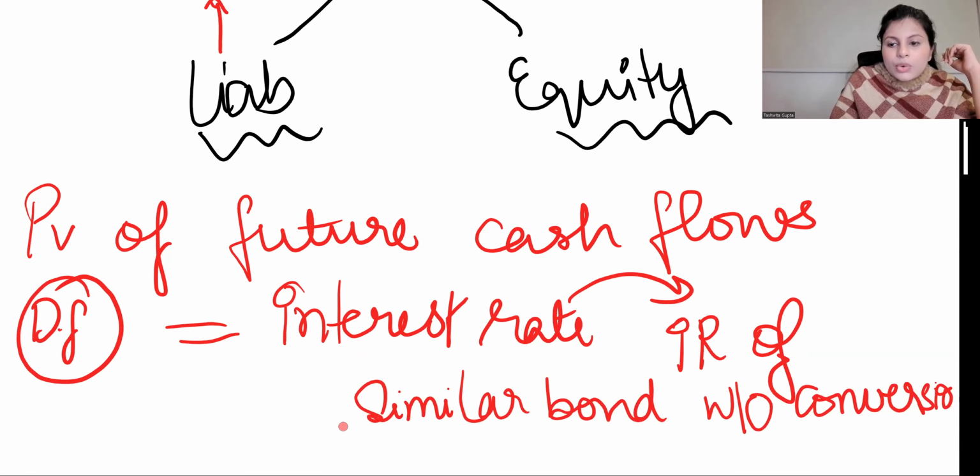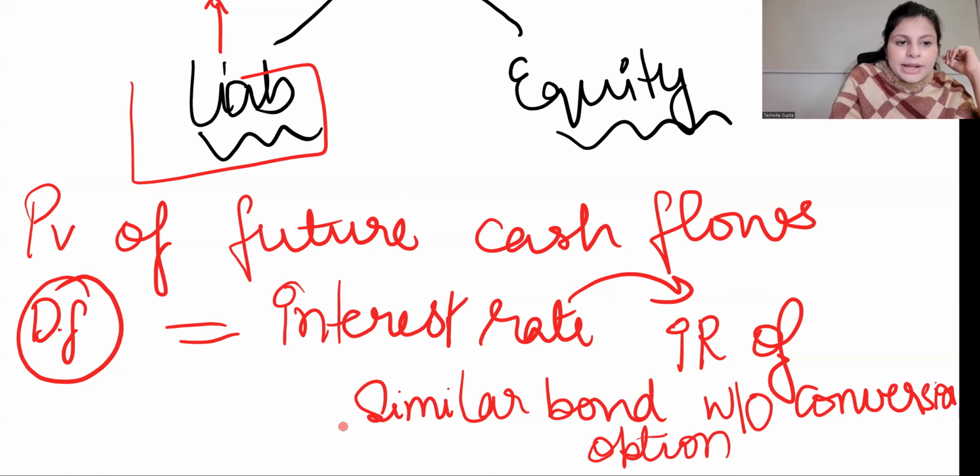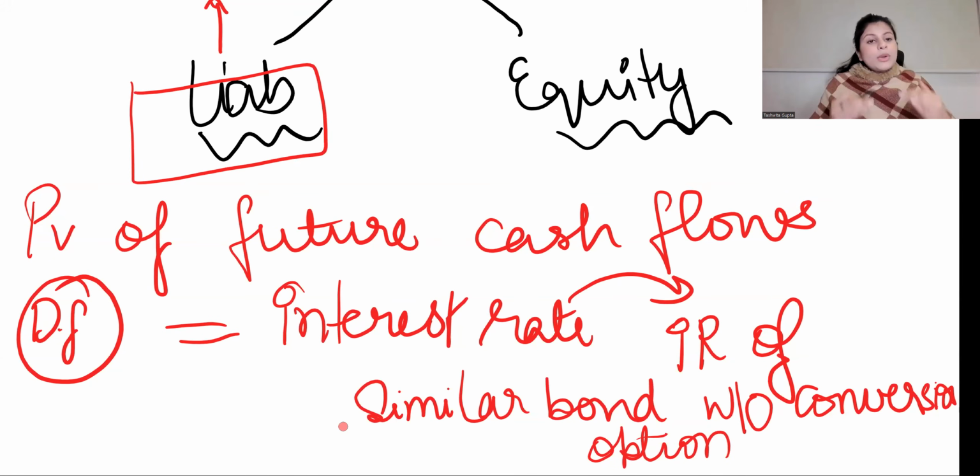I use the coupon rate of such a debenture where there is no conversion option because I am just calculating the liability portion. I am assuming that all my loan note holders will take cash only. They will not convert it into shares. So what do I use? I use the coupon rate, not the market rate.